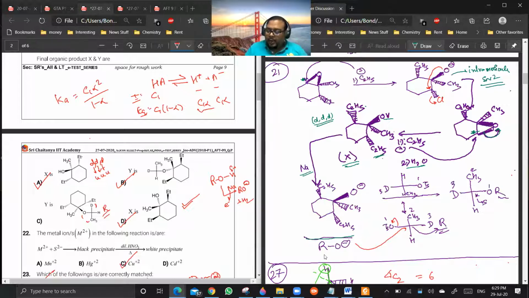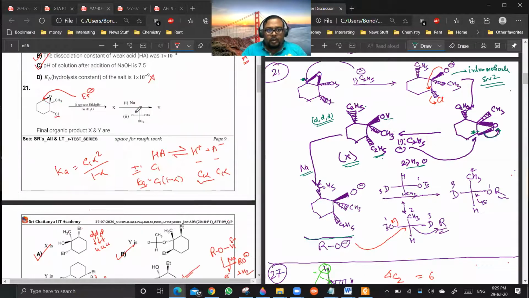I am writing it as RO minus, because this R is not going to take part in further reactions. From here, it is now attacking this chiral carbon, which has OTs, CH3, H and D.